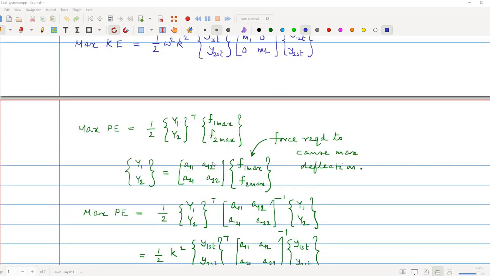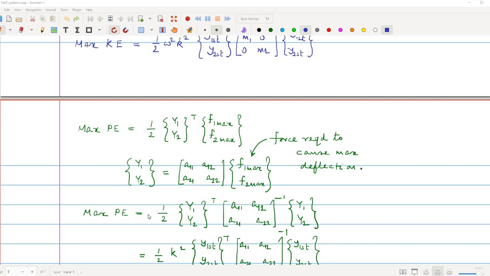So if you think of your flexibility matrix or the influence coefficients, then F1 max and F2 max are creating capital Y1 and capital Y2. Then this is the relation between capital Y1, capital Y2 and F1 max and F2 max.